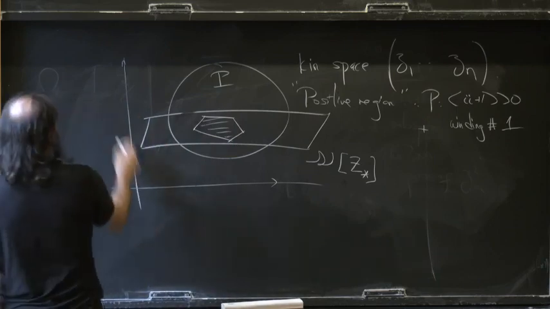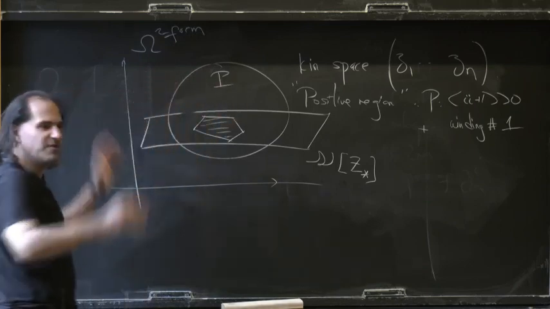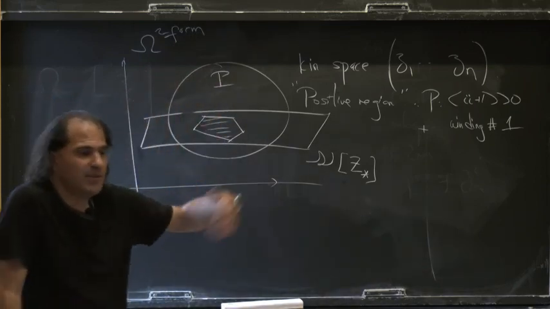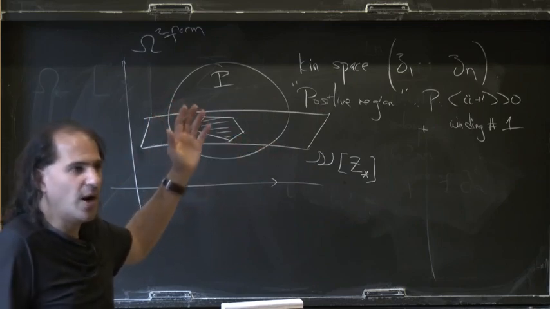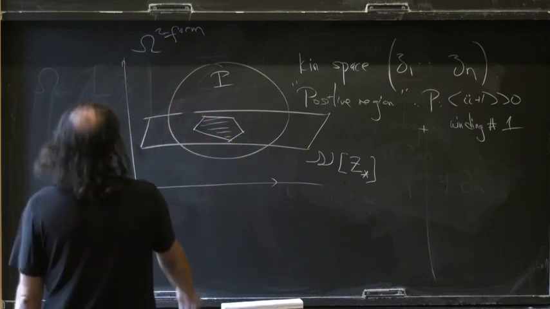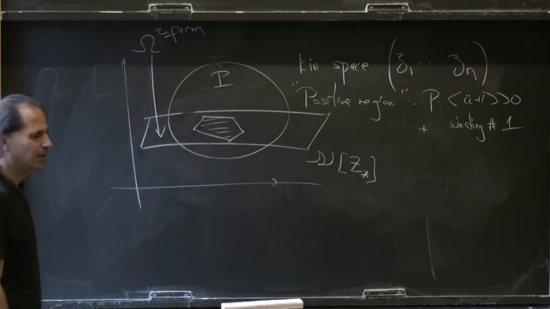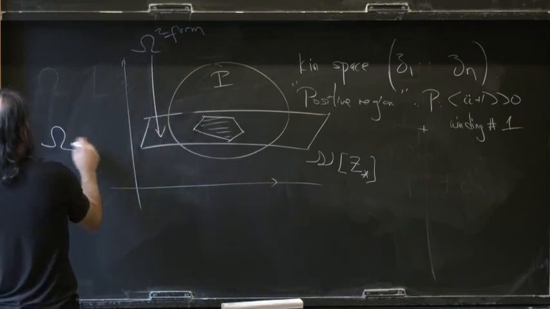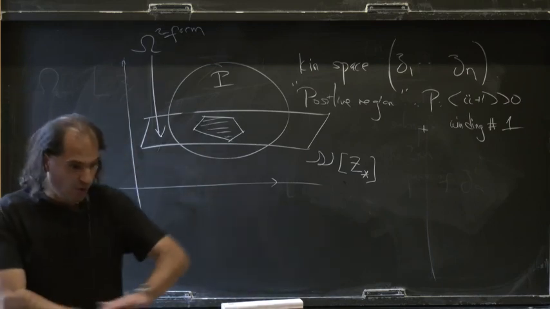But now I have this 2-form omega. It lives everywhere. We defined it. It's the sum of d log 1i over I plus 1, etc. That 2-form lives everywhere. But it has the property that when you pull it back to this 2-dimensional subspace, omega pulled back to S, now this is a 2-form.